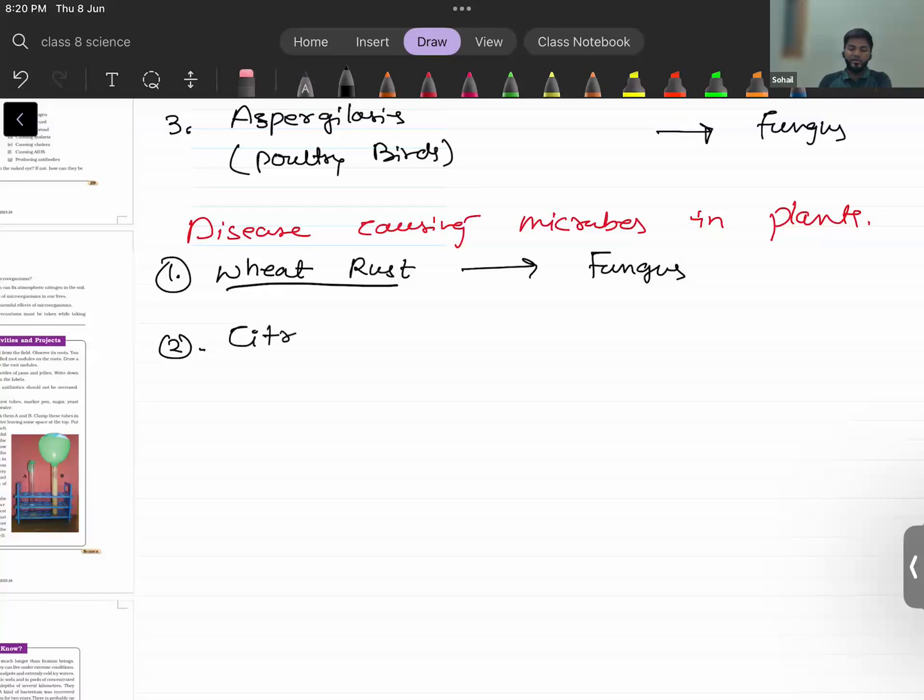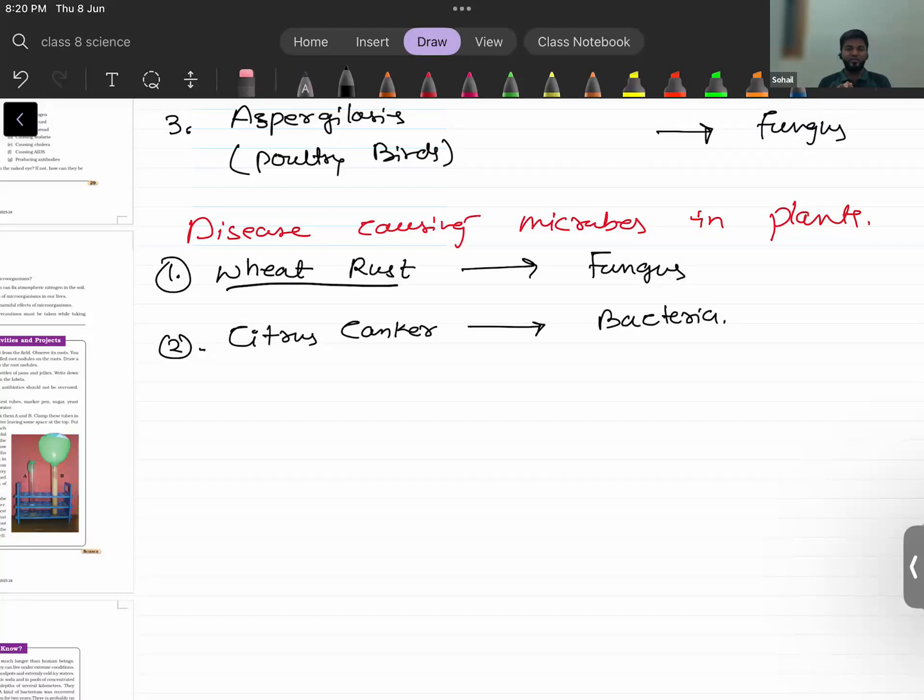Another one is citrus canker. Okay. Now what is this citrus canker? It is caused by a bacteria. Okay, don't get too confused about the words. Just remember the disease name and remember the pathogen responsible for it.